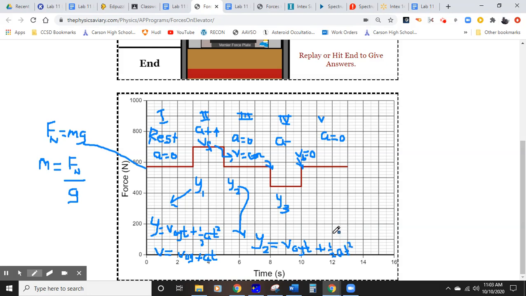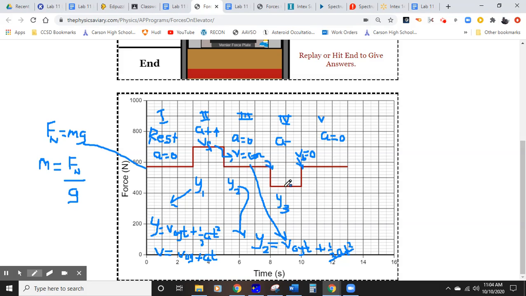Now, a couple of things here. What's the acceleration here? It's 0. So this whole term is gone. We don't have to worry about that. Now, what's the initial velocity? Well, whatever the final speed is from the first region is the initial velocity here. So that needs to go here. And that's the distance traveled. y2 is this velocity times the time interval in this part right here.